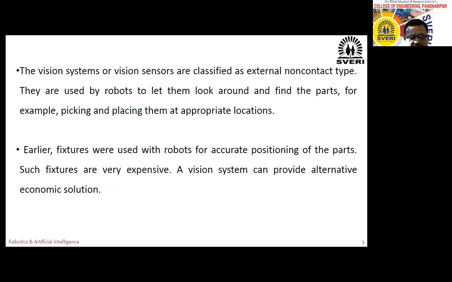Earlier, fixtures were used with robots for accurate positioning of the parts. Such fixtures are very expensive. A vision system can provide an alternative economic solution.